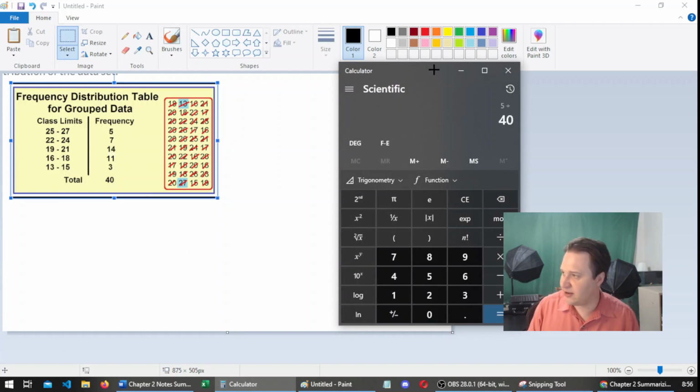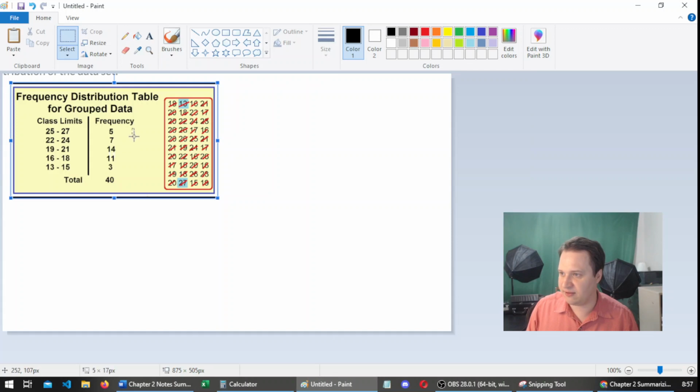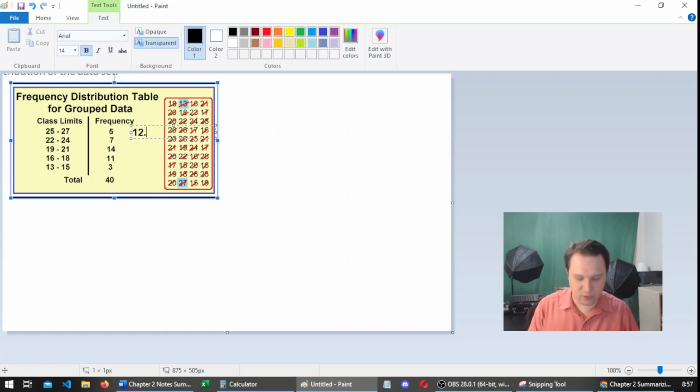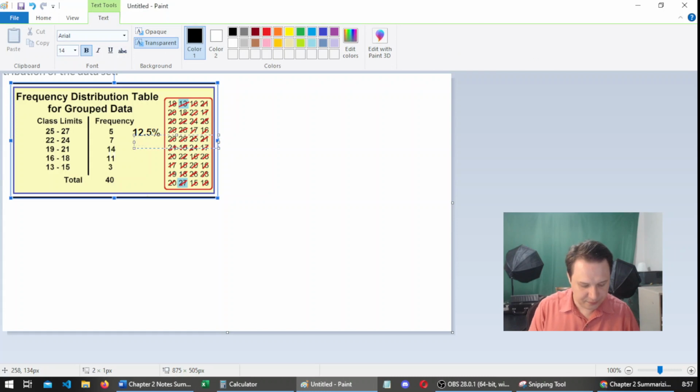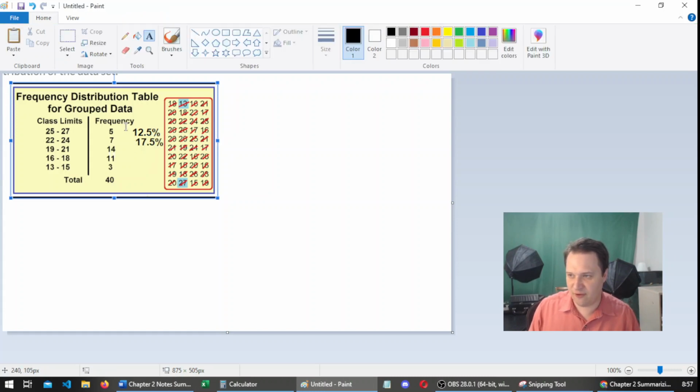So you just do 5 divided by 40. That's going to be 12.5%, for the value of 5, because it's just 5 divided by the total. Now let's do the next one, 7 divided by 40. So you get 17.5% for the next one, and so on. You could do that for every single one of these. Okay, so that would be the relative frequency table with the percentages.